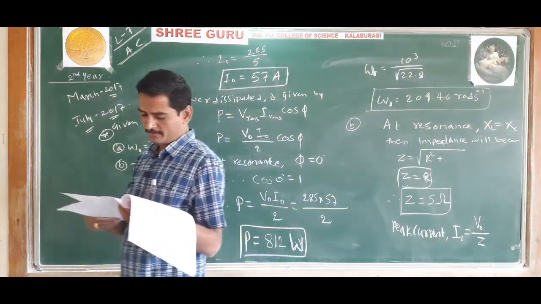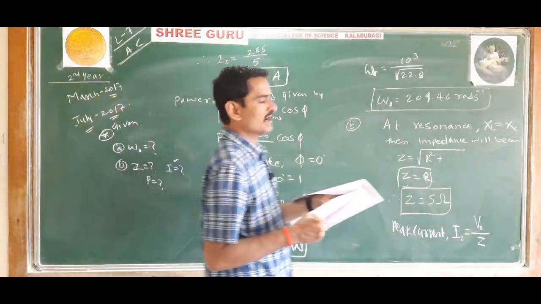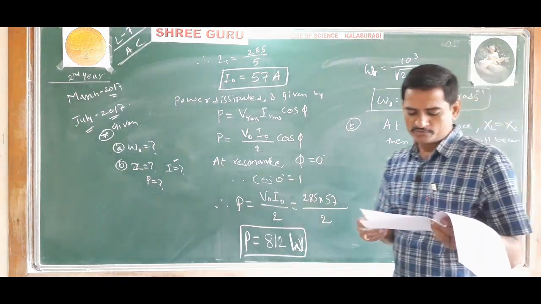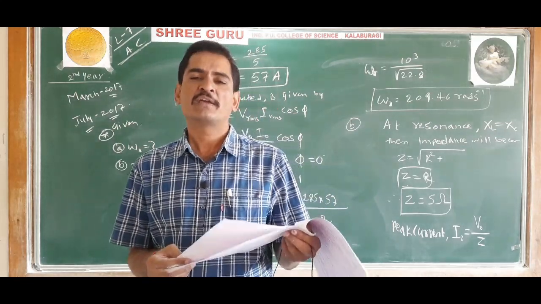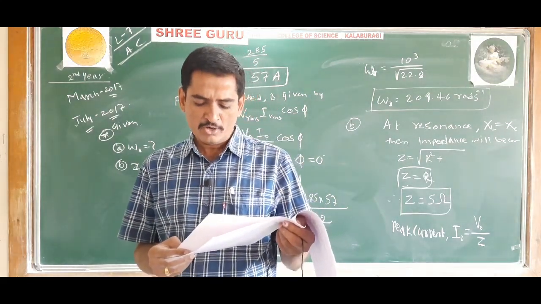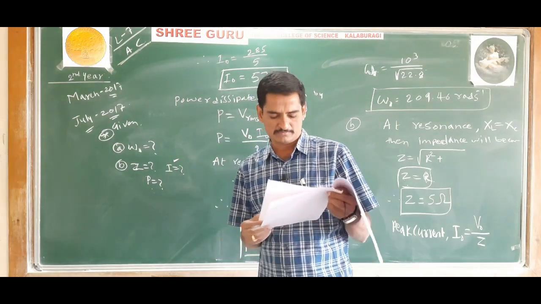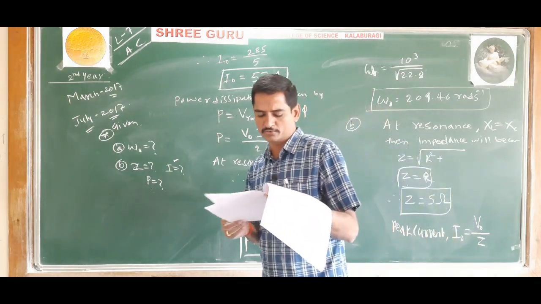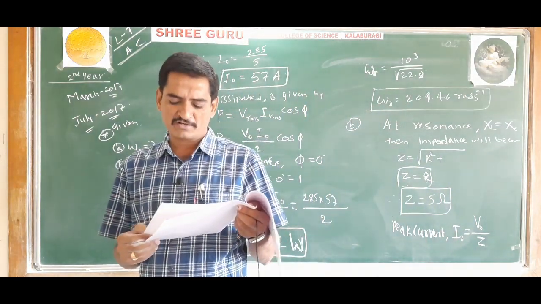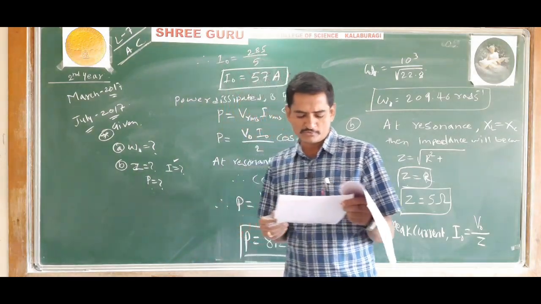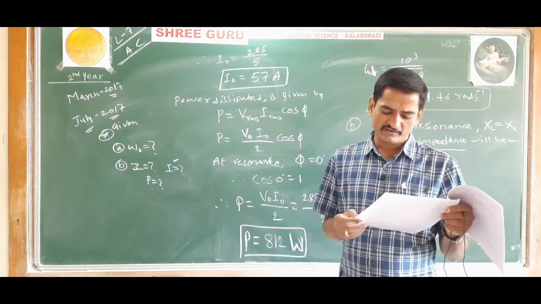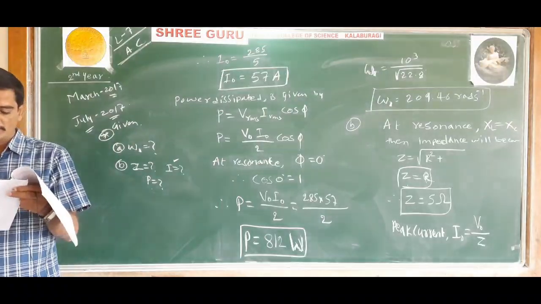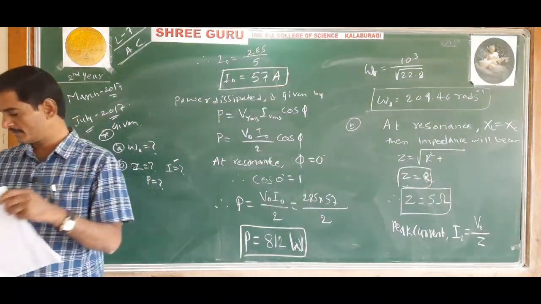Arrive at the expression for the impedance of a series LCR circuit using phasor diagram method and hence write the expression for the current through the circuit. For 5 marks they have asked. Numerical is on EMI and there was a mistake. Okay, no problem. We have already solved.